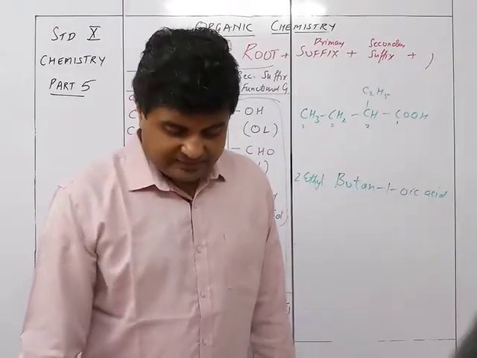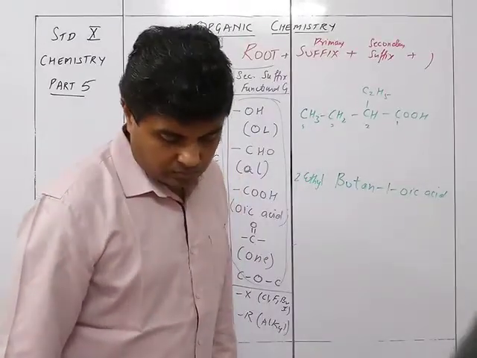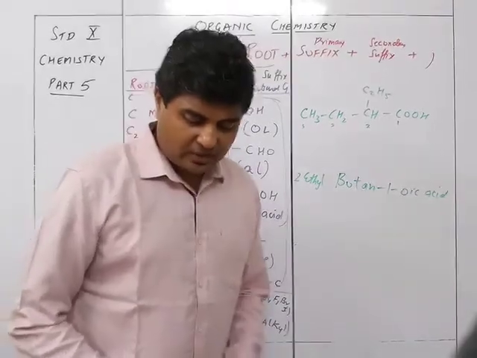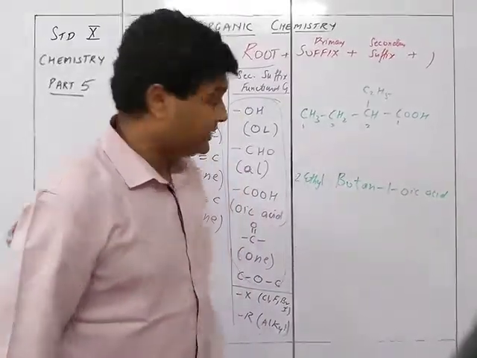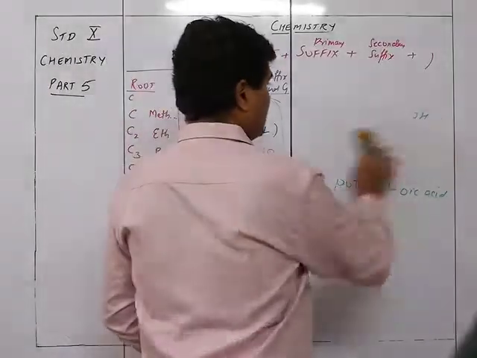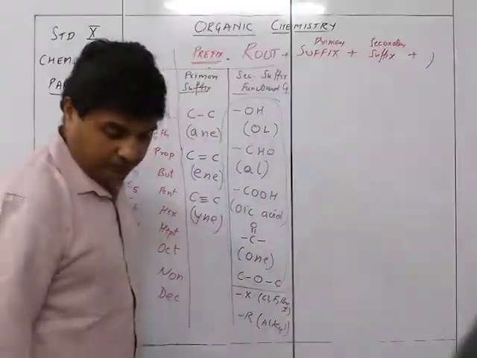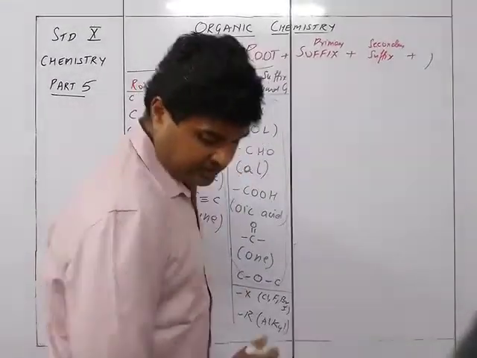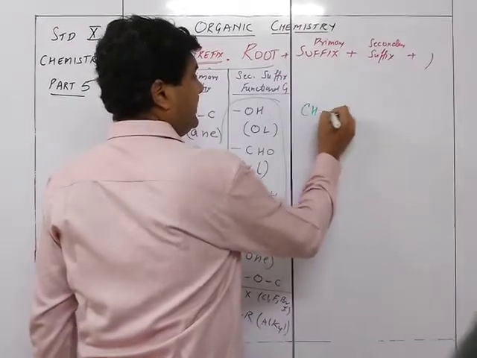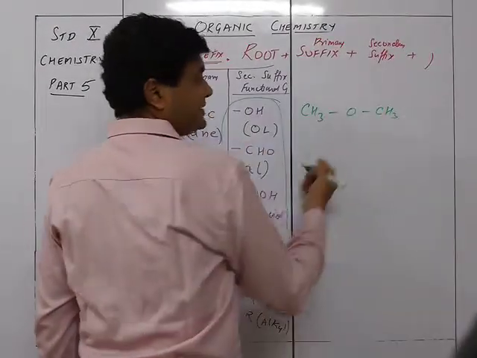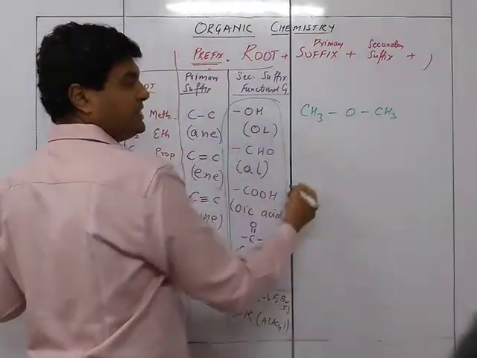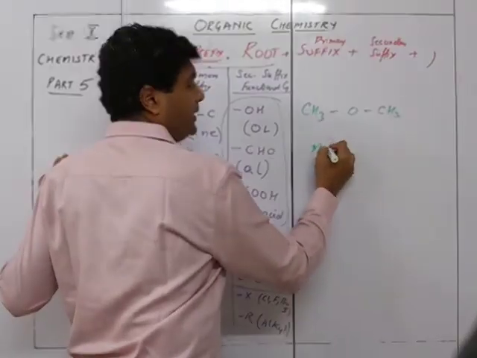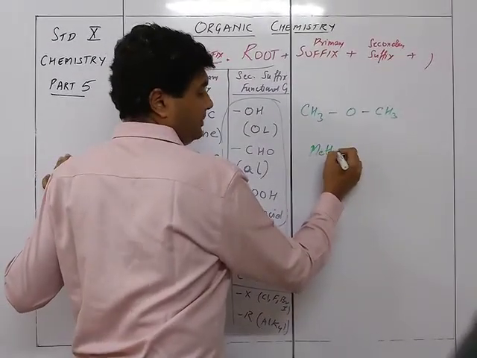And now we see the only thing, the ether one, which was not considered earlier. So for ethers, we'll just see 1 or 2. So it's clear to you all. So it is like CH3OCH3. Because both sides are methane, so it will be methyl, so it will be methoxy.